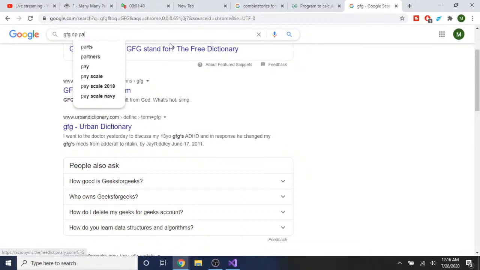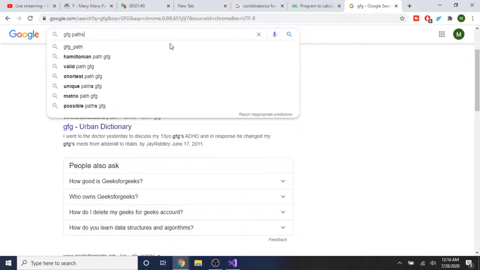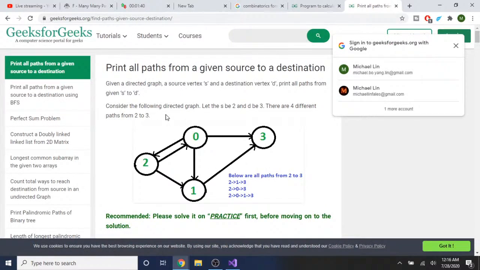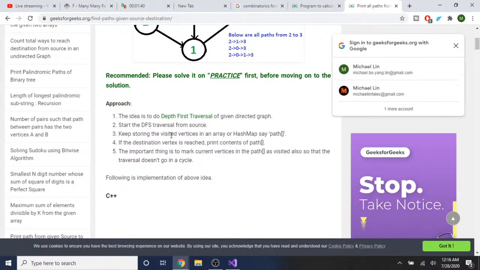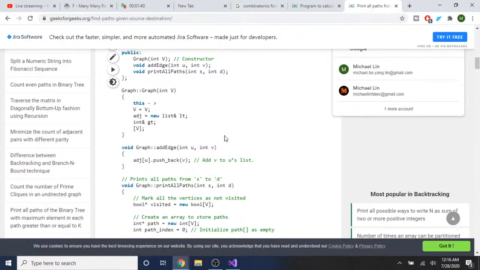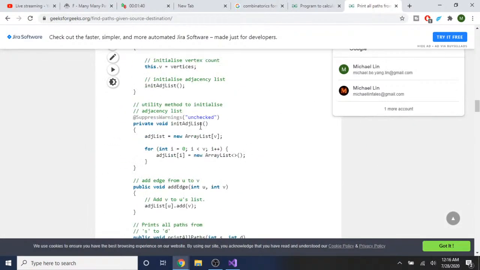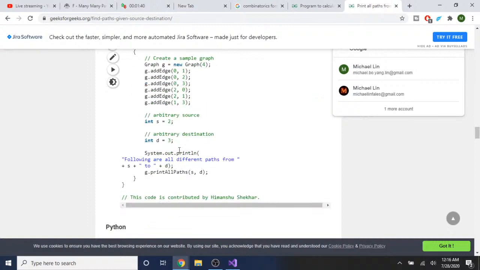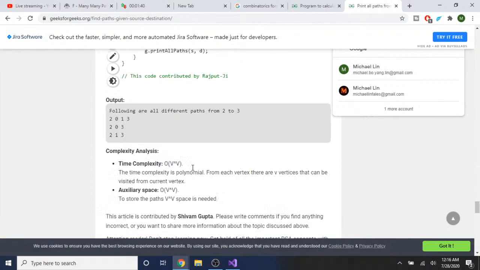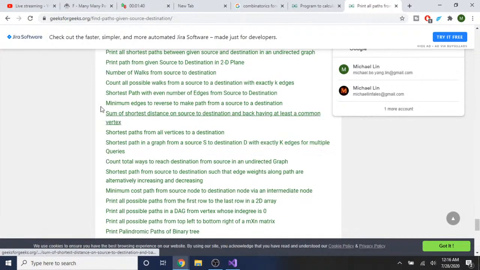DP path from one to another. Ooh, Geeks for Geeks. Oh, okay. Wait, so this is like depth first search. I don't want to do it this way, because you're going to have to go through every single path. And that's not something I want to do.